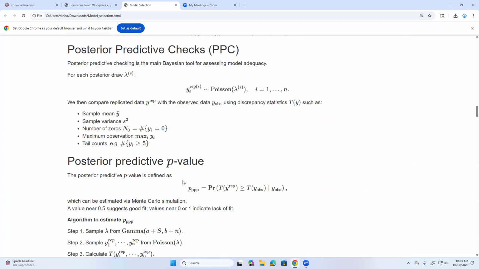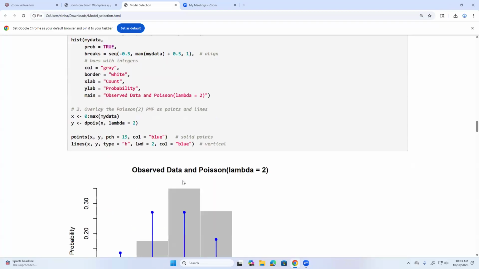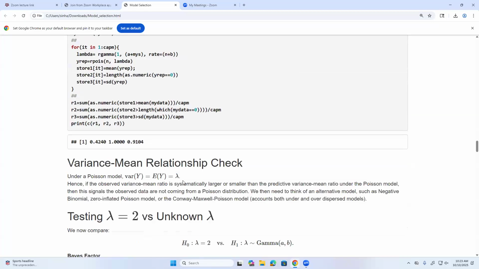And another thing, specifically for the Poisson distribution, we can check the relationship between variance and the expectation. So we know for a Poisson random variable, mean and variance are the same.